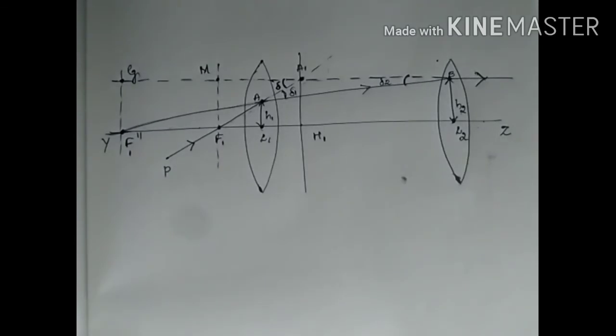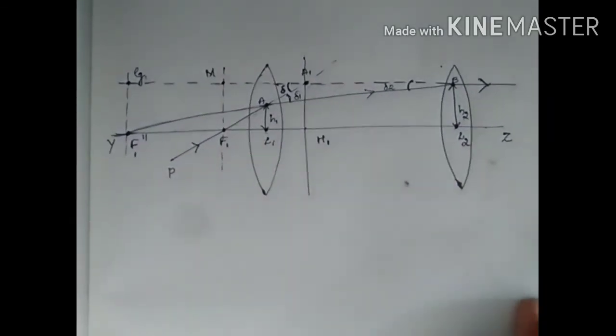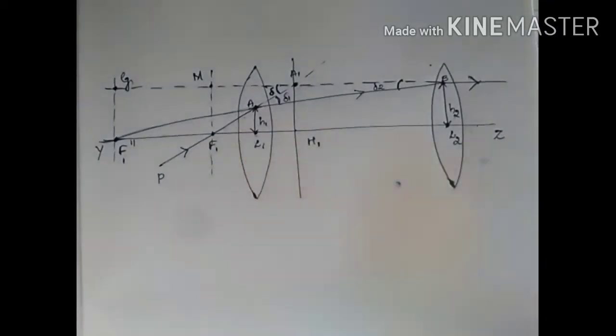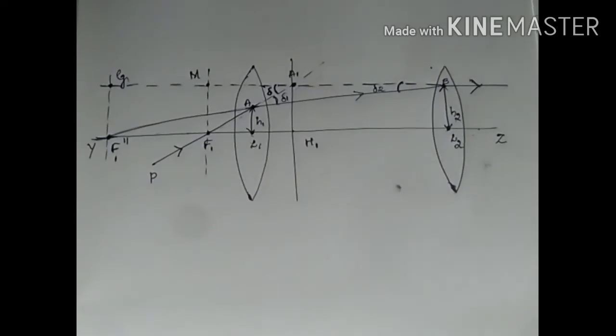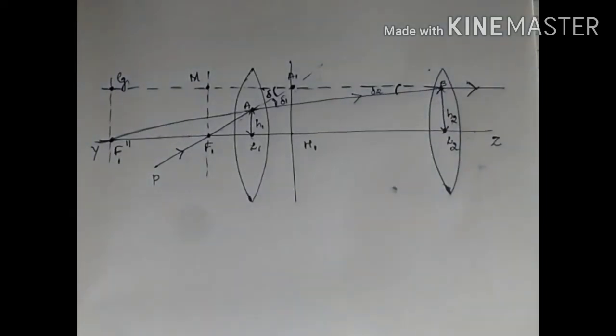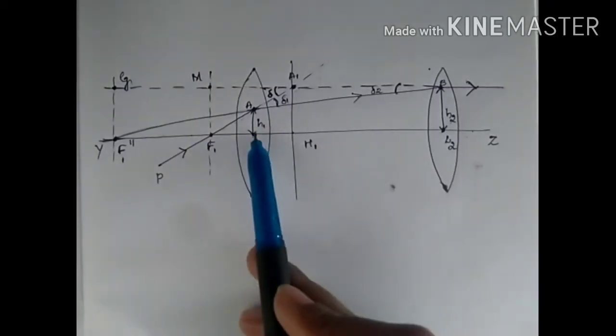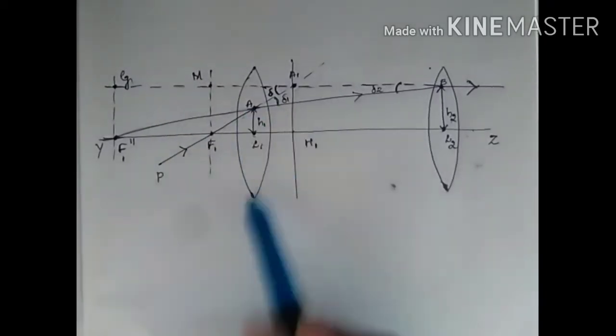So what you have? So you have two lenses which are kept coaxially, and now there is an incident ray PF1 which gets incident on the lens L1 at a height H1 above the center of the lens.